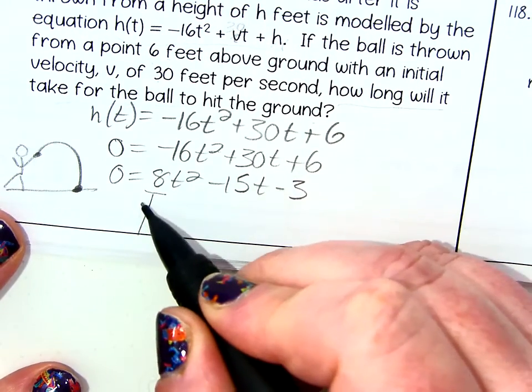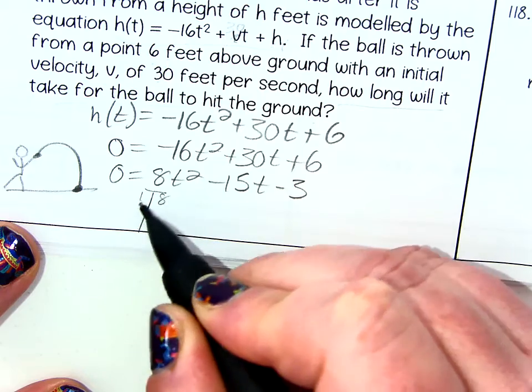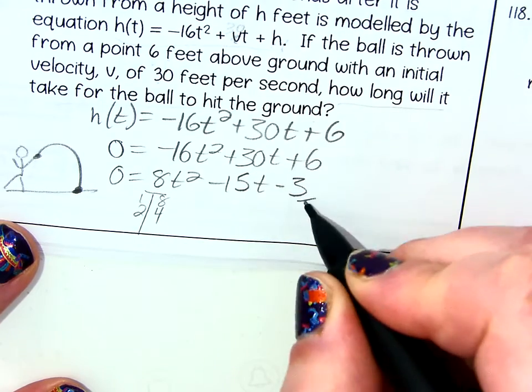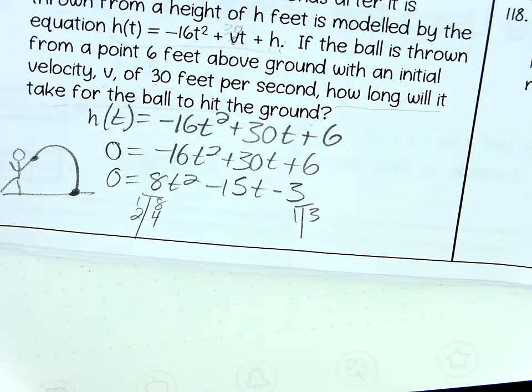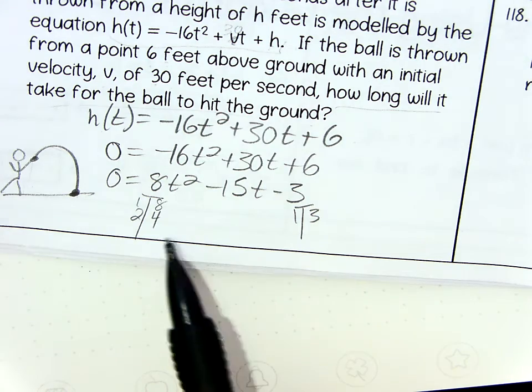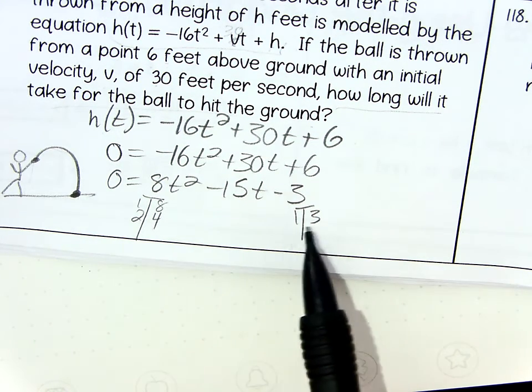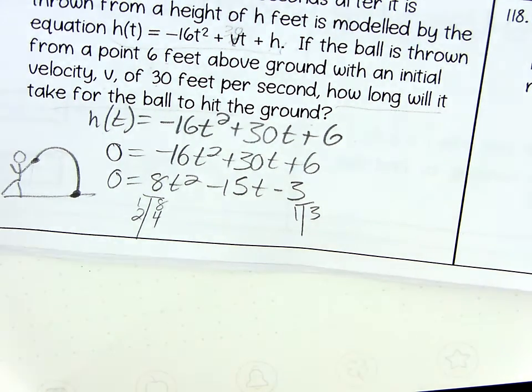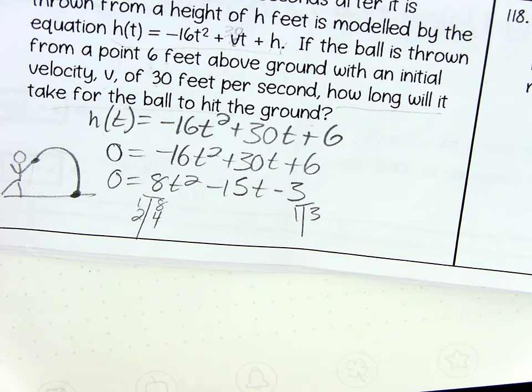I don't know if they work on this one or not. Trying to get to -15. No. Yeah, I don't think we can factor this one. So we'll probably just have to use the quadratic formula.